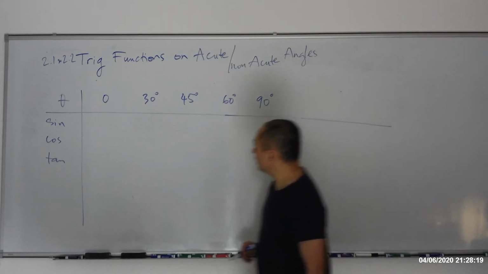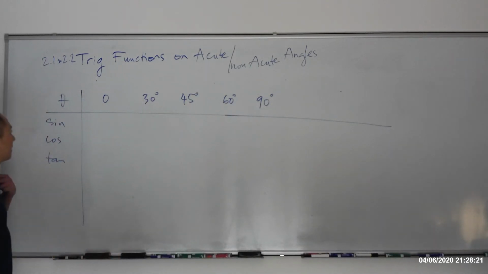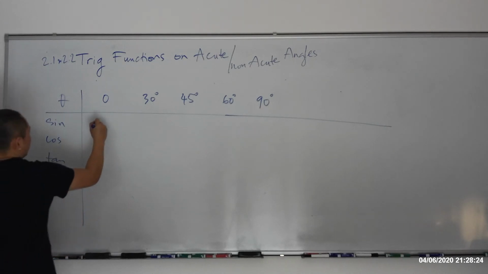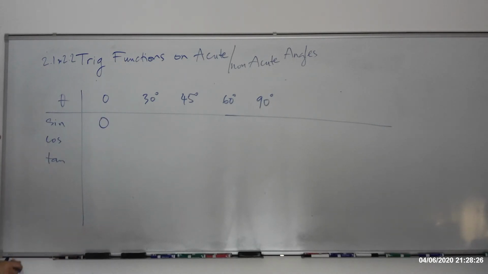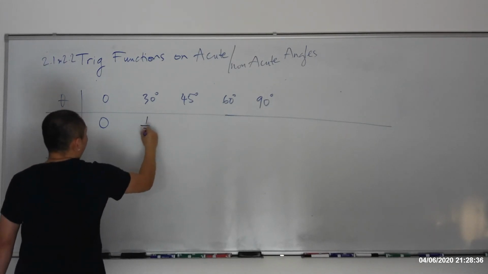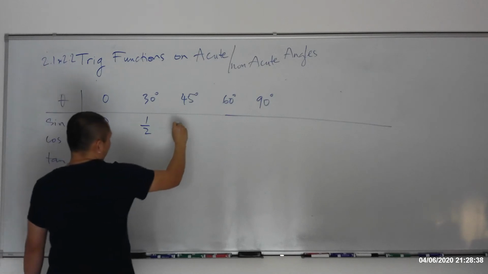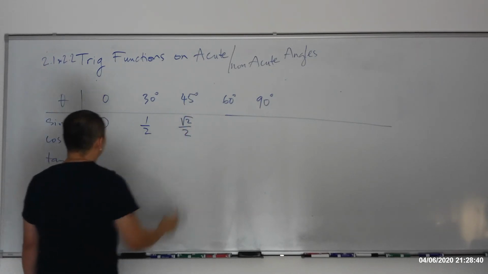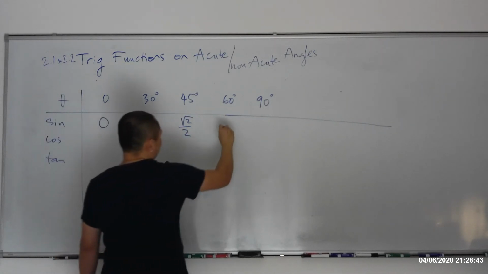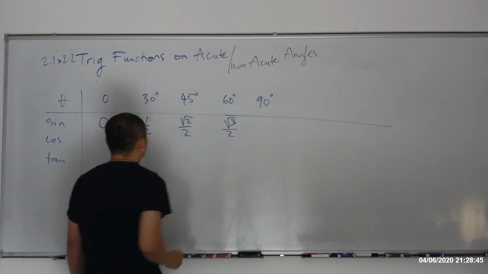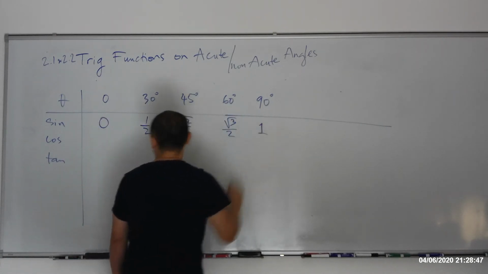Pretty much, it's good. Sine of 0 is 0. I'll just throw out the numbers, and eventually I claim that when you work enough with those seven, they will become pocket notes. And then for 30 degrees, sine of 30 degrees is 1/2. 45 degrees, square root 2 over 2. 60 degrees is root 3 over 2. And 90 degrees is going to be 1.